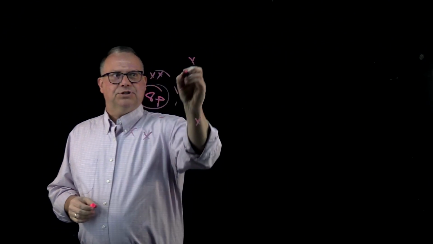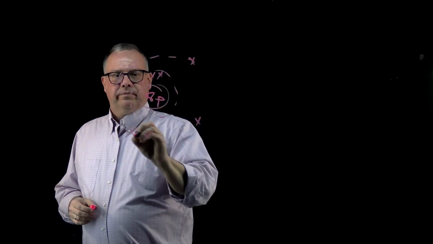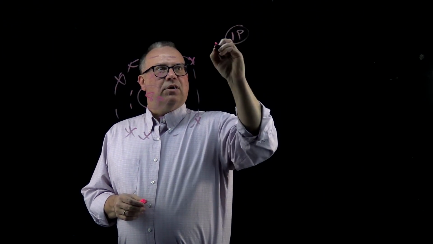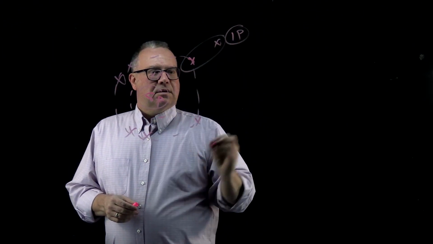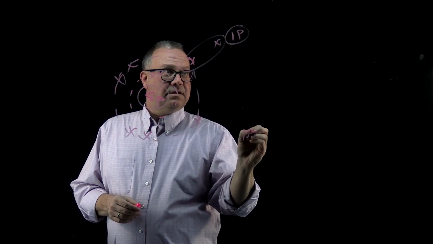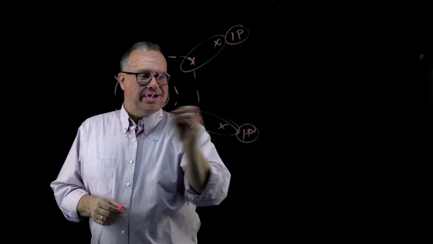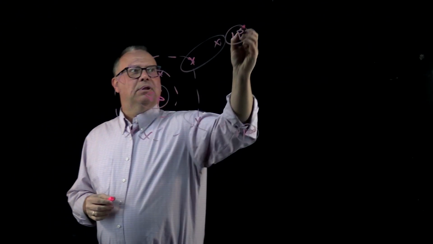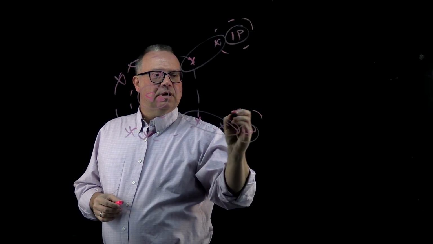Okay, here's our oxygen. Electrons, great. Here's one of our protons, or hydrogen ions, and a covalent bond, and there's the other one. Classic water molecule, nothing too strange here.